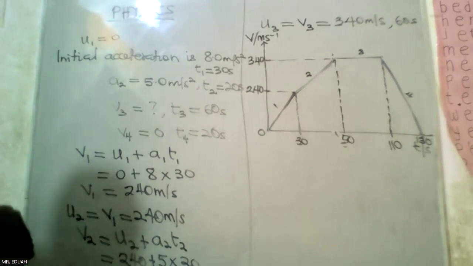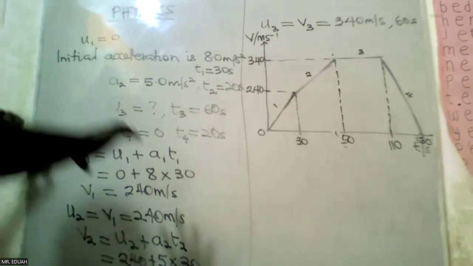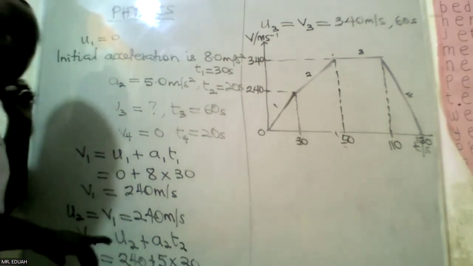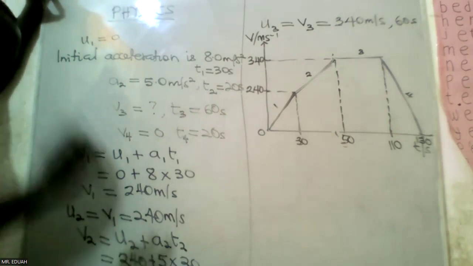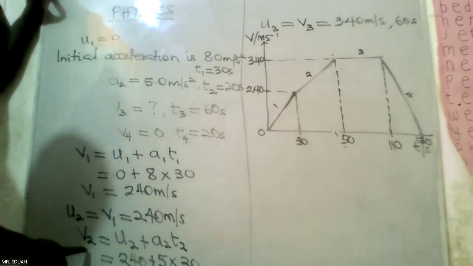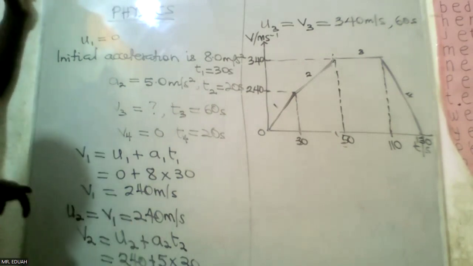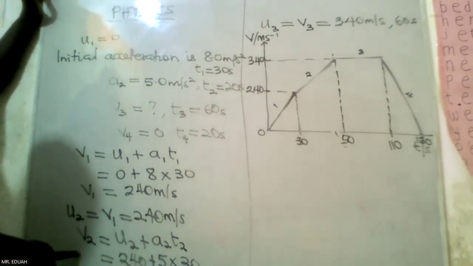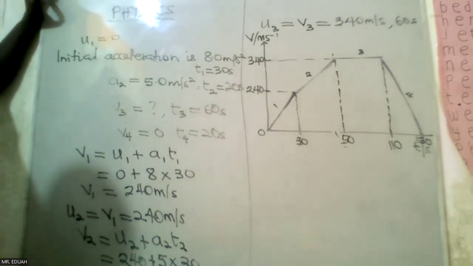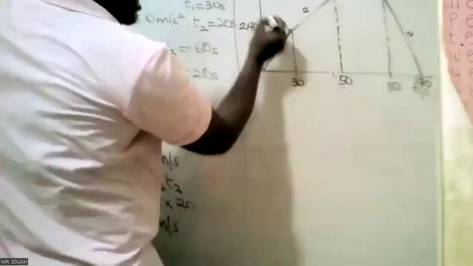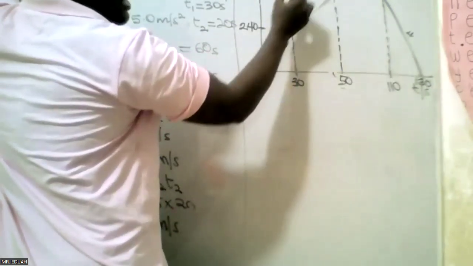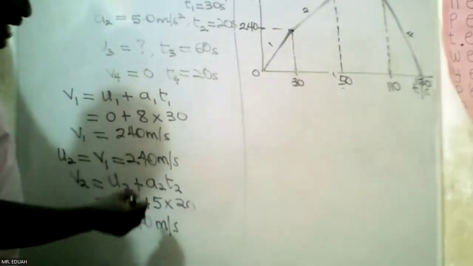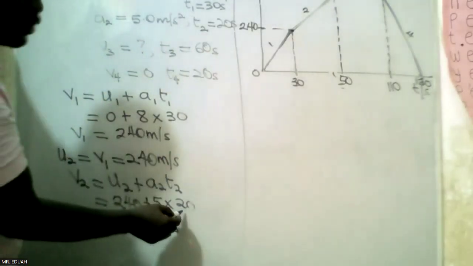Okay, then from the second part of the motion, the body's acceleration was reduced to 5, from 8 to 5. And when we calculated that, we had a final velocity of 340 meters per second. So in the second part, when the starting velocity is 240, we are getting a final velocity of 340. And this happens within a time interval of 20 seconds.